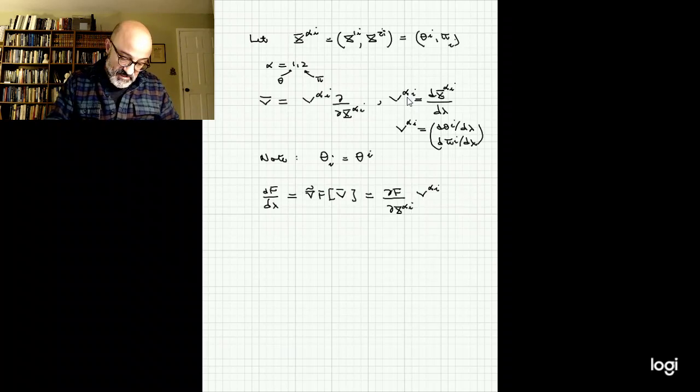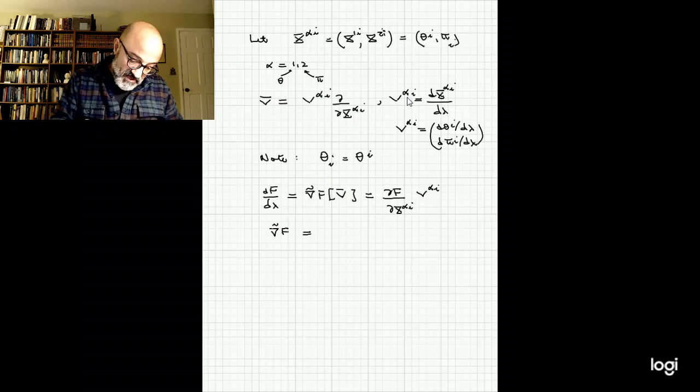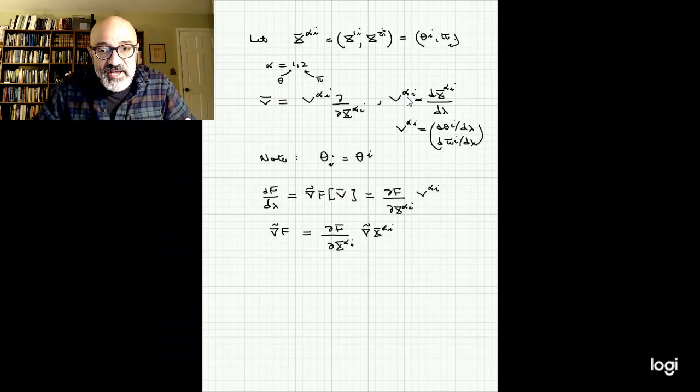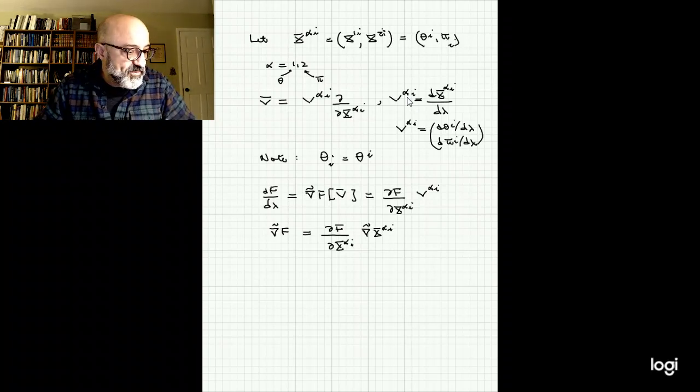And the gradients of f, we can write them as the components of the gradients and then the basis gradients, which are those guys here. So we have it. We have all the notation we want now.